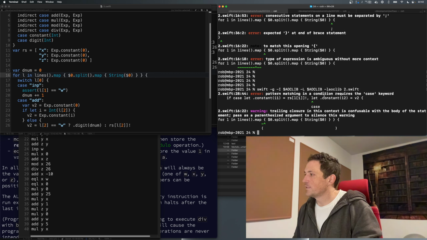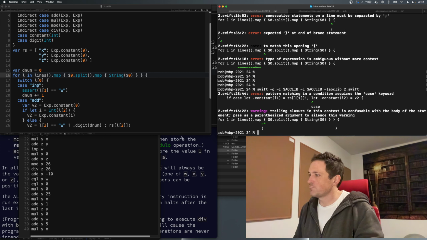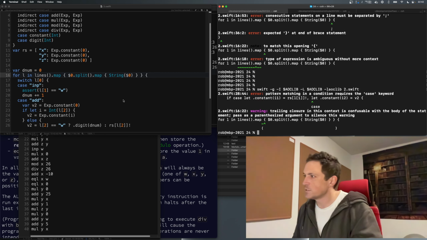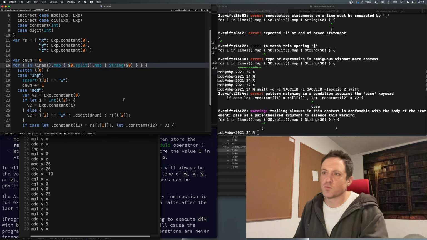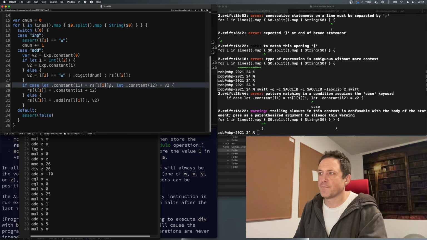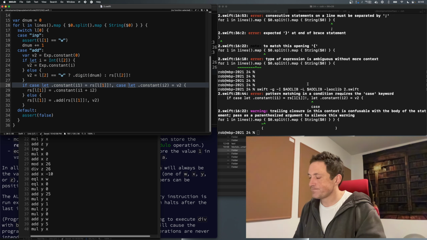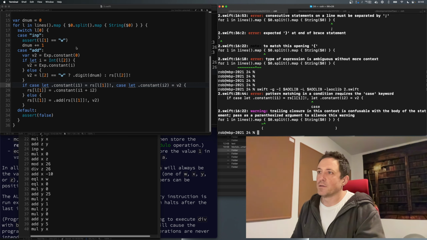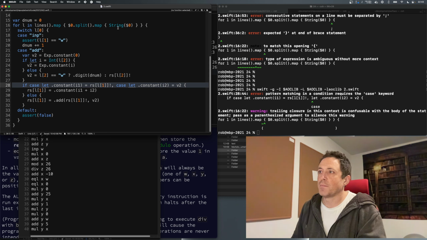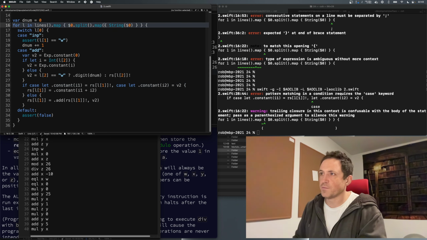Pattern matching in a condition requires the case. Okay, we need a case let on line 28, I guess. And of course, map. So which one do we need to parenthesize? Both of them? The first one, the second one?